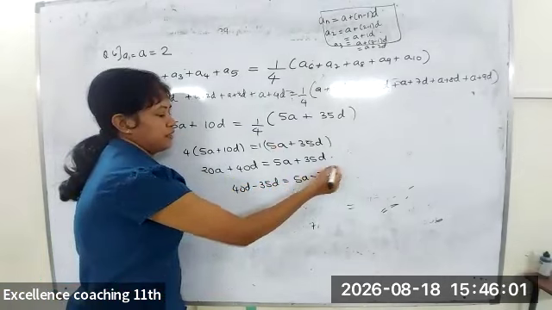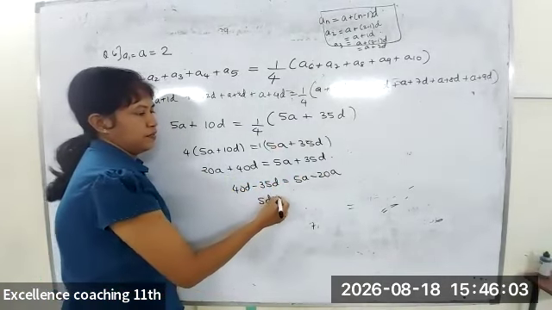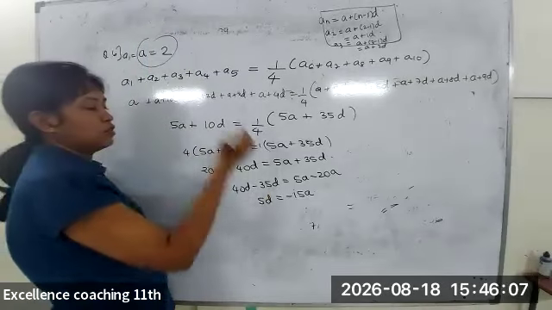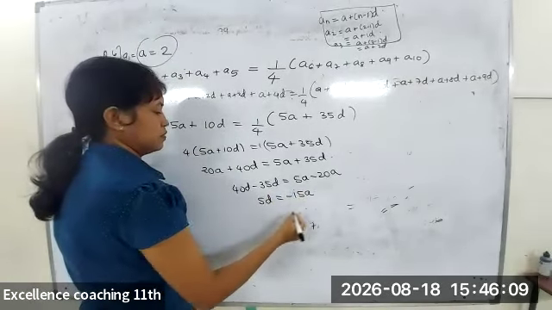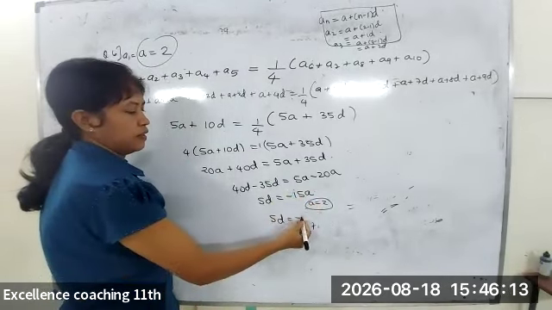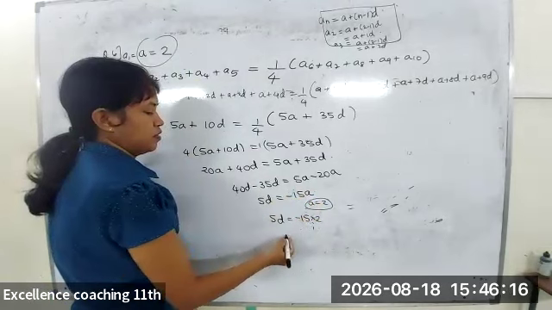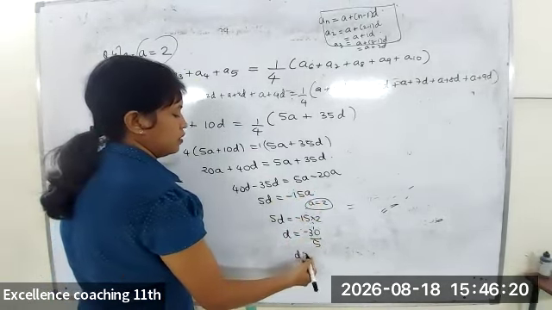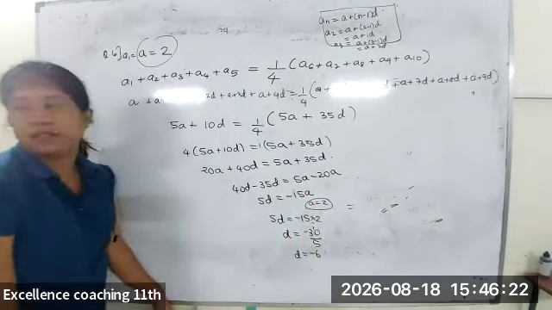D value I need to find. A is given as 2. D you are getting as -6.